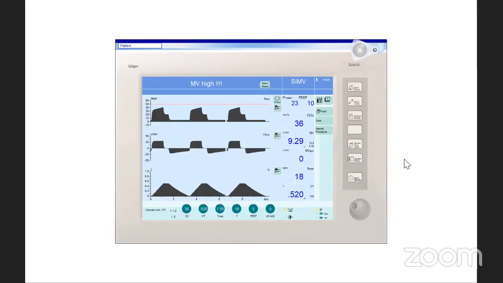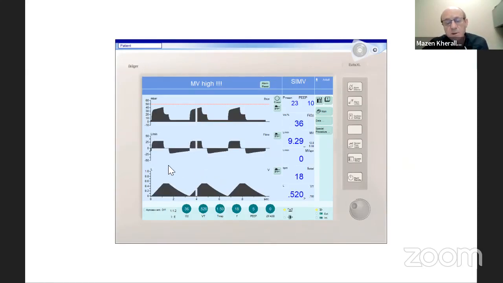Yes, with you. Okay, so you joined a bit late, but this is a patient who has asthma and was placed on the ventilator. We already detected that he has persistent flow at end of expiration and limitation of the expiratory flow, indicating that this patient has auto-PEEP.